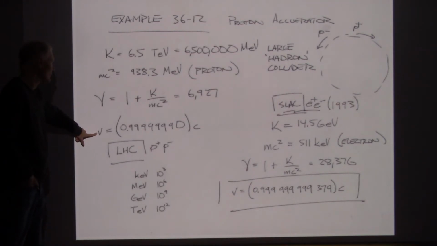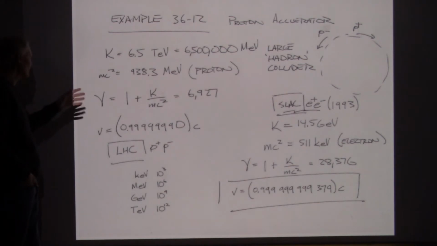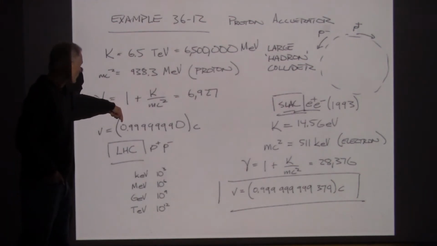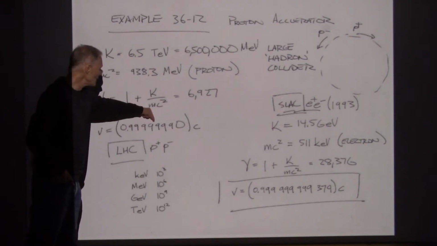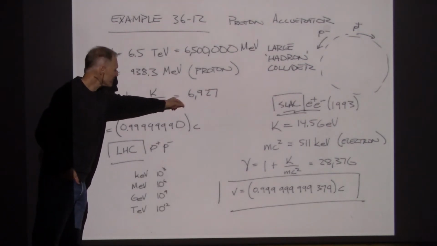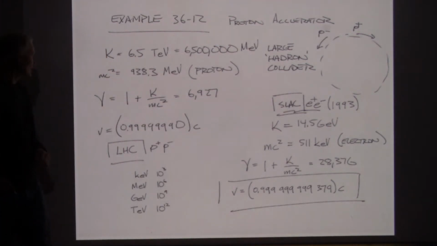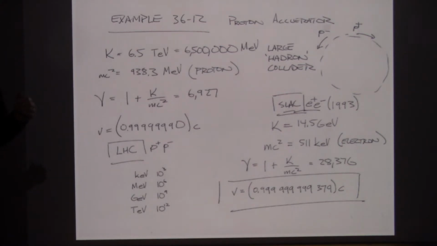Yeah, I think it does. I was thinking it wouldn't keep track of it, but it did work out to be 0.9999990 something times c. So that gives you an idea of, in the world's most powerful accelerator, collider, protons are being brought up to speeds of 0.9999990 c.